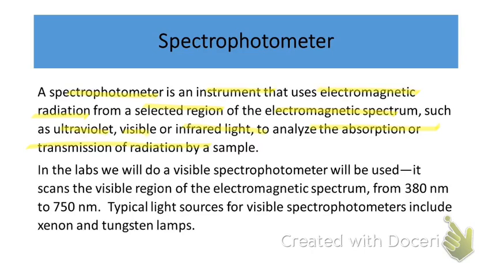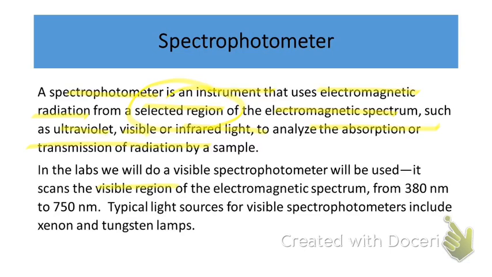Now, for our labs, we are going to use a visible spectrophotometer, which basically scans in the visible region. And so we're going to select wavelengths in the visible region for our spectrophotometers.